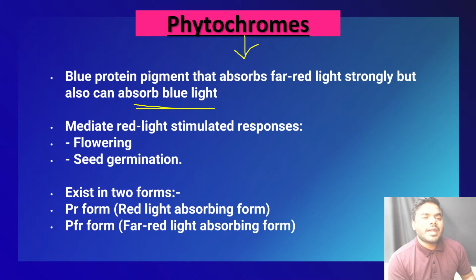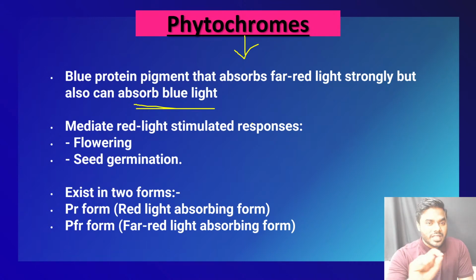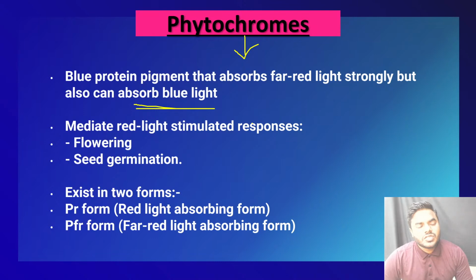In a Part B question or a 2-marker question, they can ask the question like this: all of the following functions are performed by the phytochrome except, or which of the following functions is not mediated by the phytochrome. Even this kind of question we can expect here.